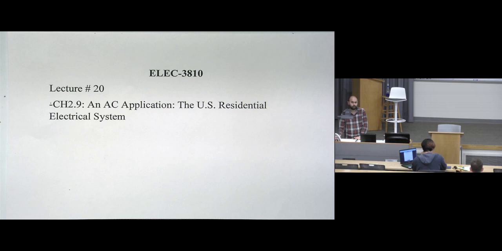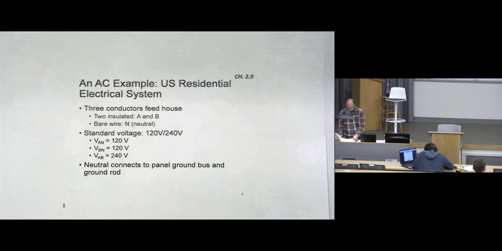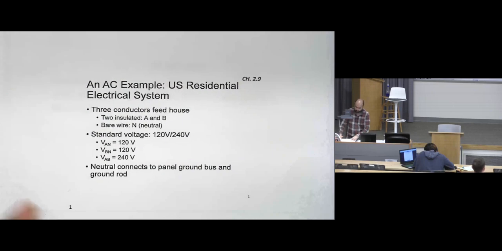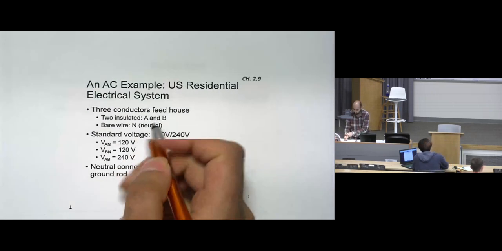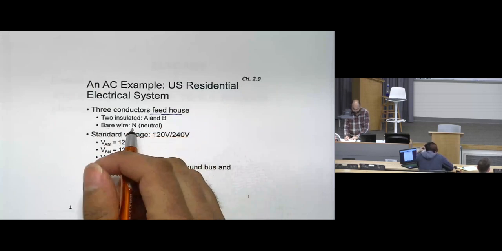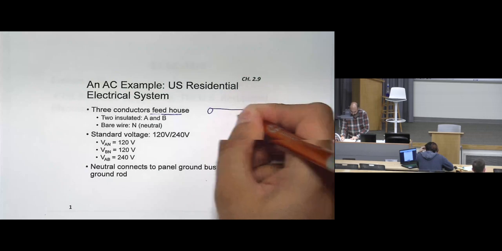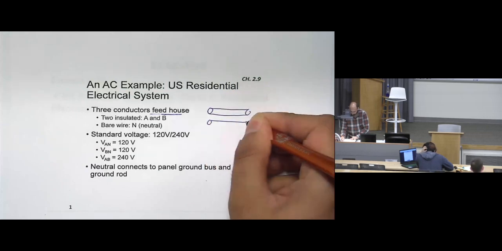So today we will discuss how the electrical system goes to the residential, to your home. Most likely there will be 3 conductors feeding your house or your apartment from the utility. Sometimes the conductors are drawn like this.